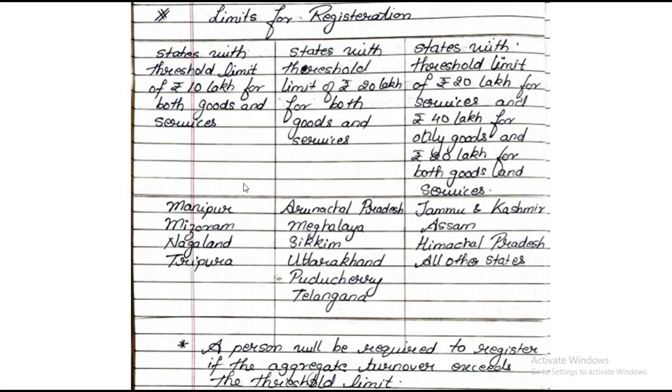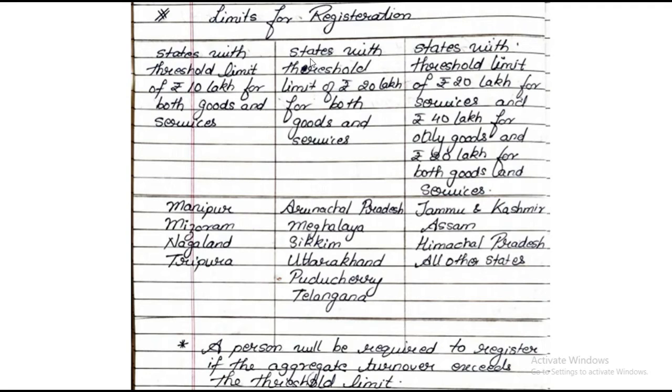If the supply is from the state of Arunachal Pradesh, Meghalaya, Sikkim, Uttarakhand, Pondicherry, and Telangana, then the state has a threshold limit of rupees 20 lakhs for both goods and services. So the rule is, if you're from an MMNT state, 10 lakhs. If you're from Arunachal Pradesh, Meghalaya, Sikkim, Uttarakhand, Pondicherry, and Telangana, 20 lakhs is your threshold limit.